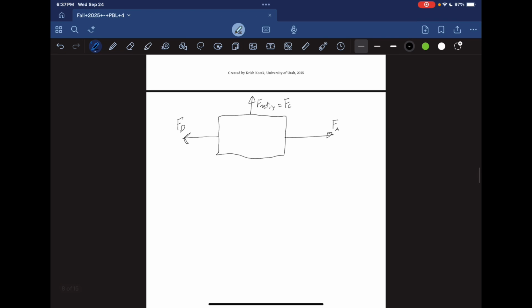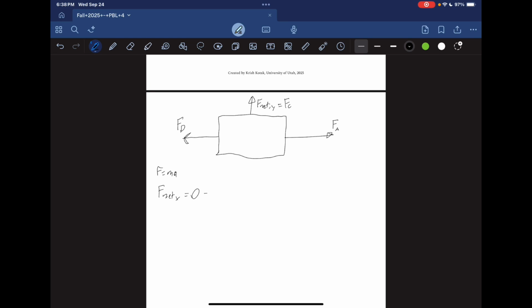So if we treat the drag force and the other force to counteract it as purely horizontal, we can just say that F net x equals 0. We know that it equals 0 from the equation F equals ma. We know that it's a constant velocity, so it's not accelerating.